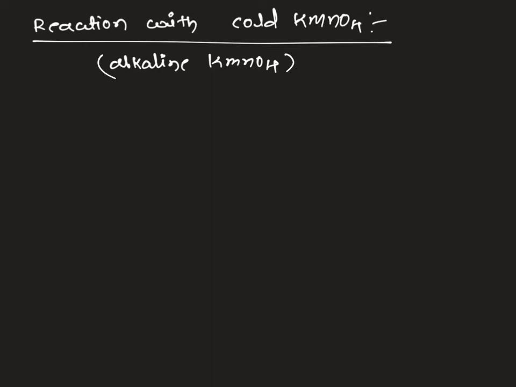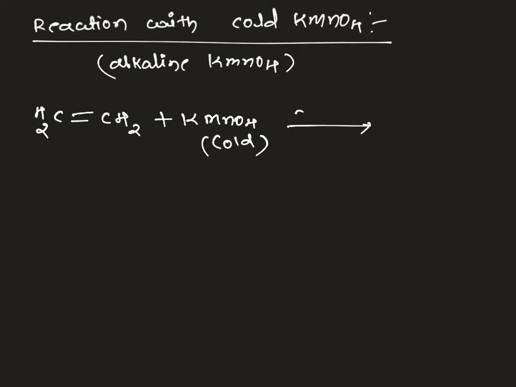I am taking a general alkene, ethene. I am reacting with KMnO4, cold KMnO4 in alkaline medium. Instead of forming carboxylic acid and ketone, here the oxidation power of cold KMnO4 is very low compared with hot KMnO4.